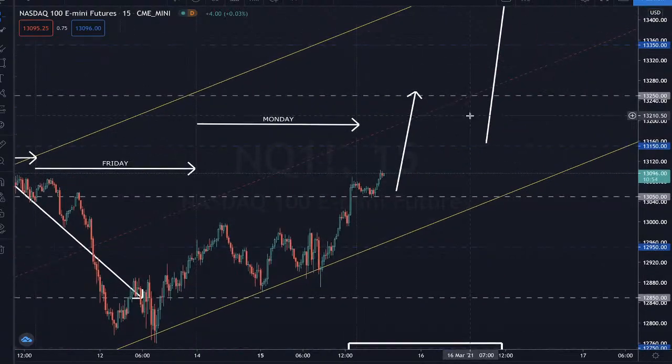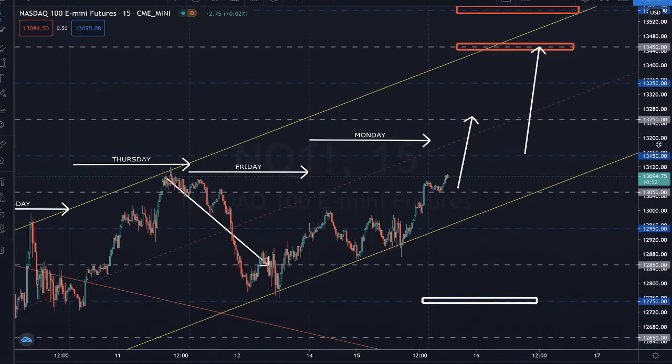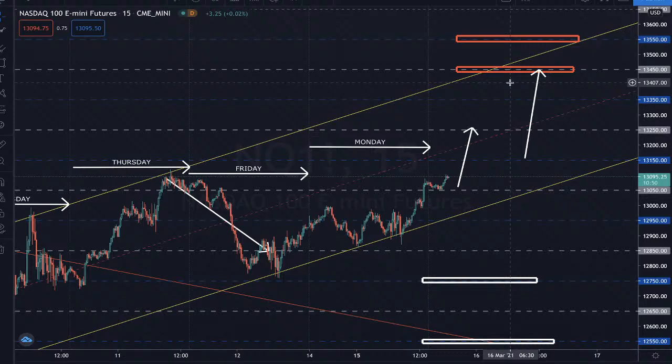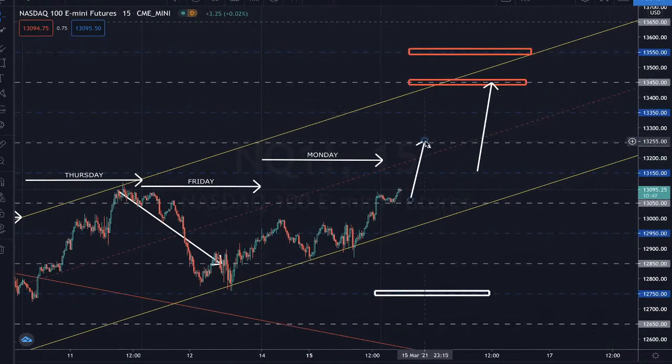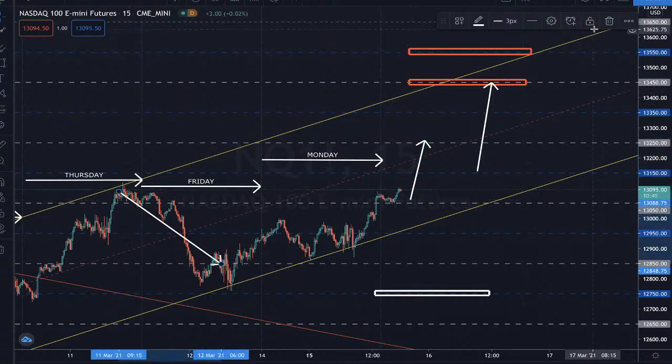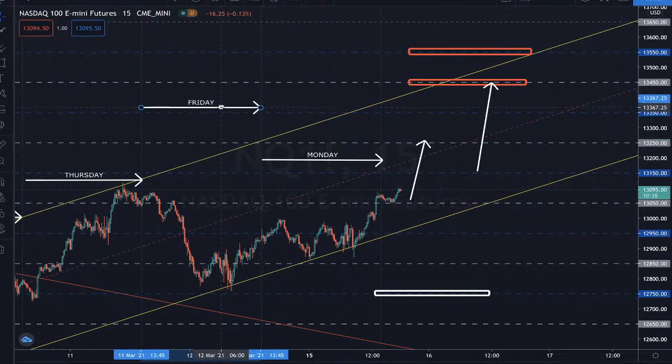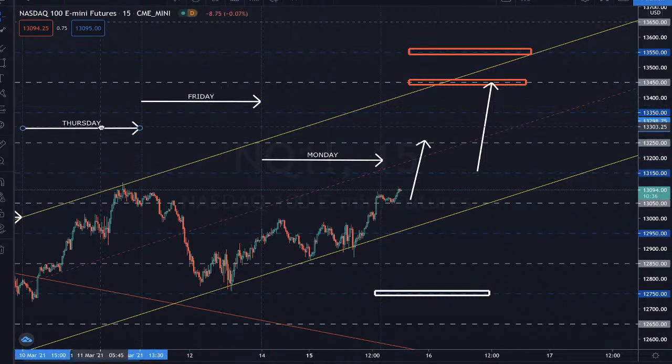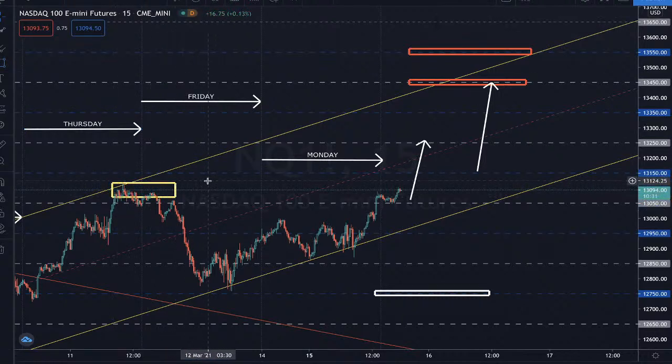But now, what's the plan for tomorrow? As you can see here, I have some levels for you guys already. The first thing I'm going to be looking at is some kind of a rally outside. Let me just remove these because they're on the way here. We want to see this high right here to be taken out, and after we break it, just watch any of these two levels for some kind of a small pullback.